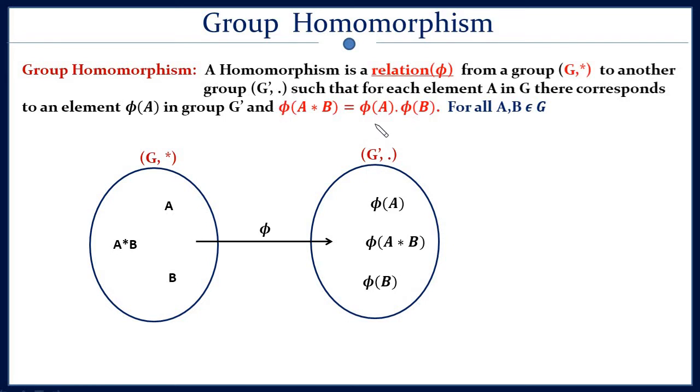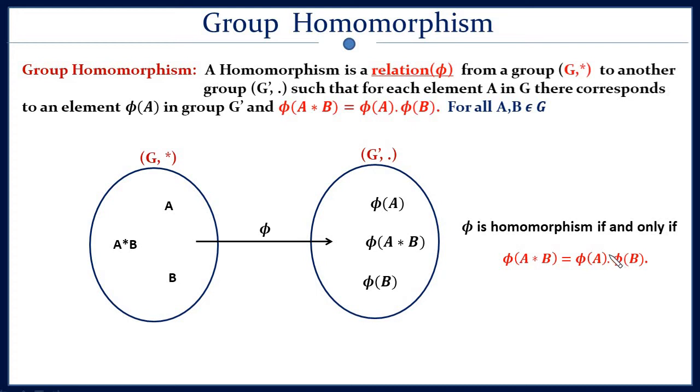Now we need to satisfy this condition. Then only we can say phi is a homomorphism. Phi is a homomorphism if and only if this condition is satisfied. Okay. Please note down this binary operation. On the left hand side we have a binary operation star, which is a binary operation for this group G, and on the right hand side we have a binary operation dot.